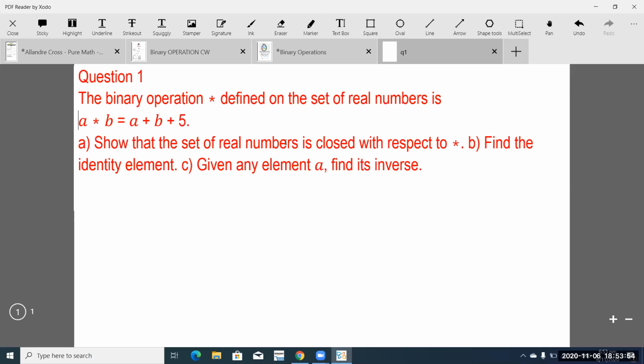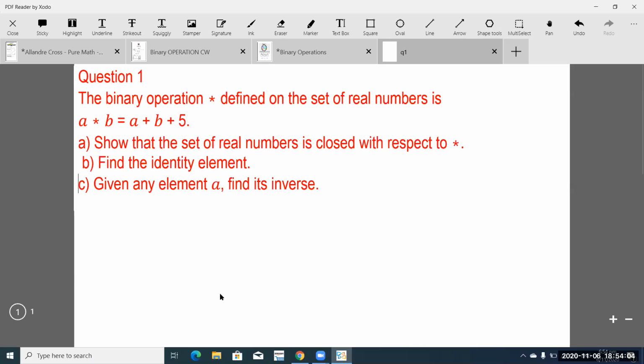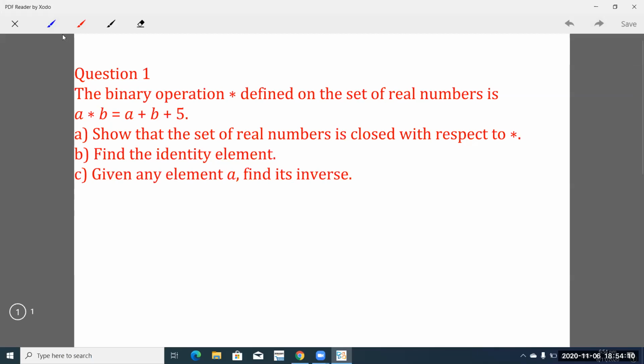Show that star is closed. Find the identity, and then given any element, find its inverse. So let's do this question. This question we're going to tackle together very easily.